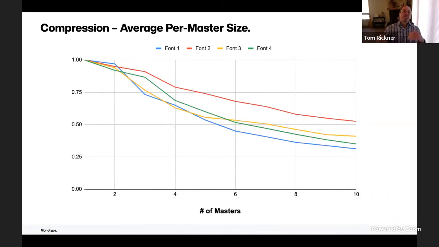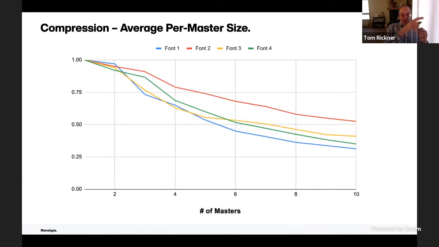So whenever you add a new master into a variable font, you will get some size savings, and the data decreases. And so I've got a couple different ways of viewing this. The first shows you if 1 equals the average size of the masters that you're inputting into a font.